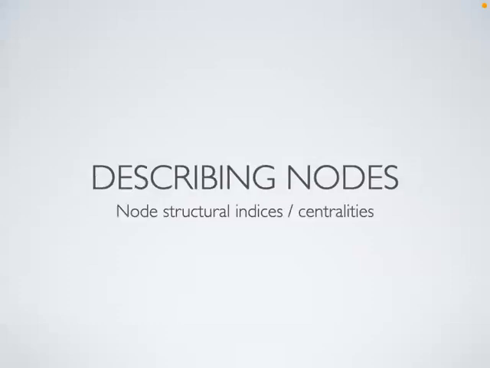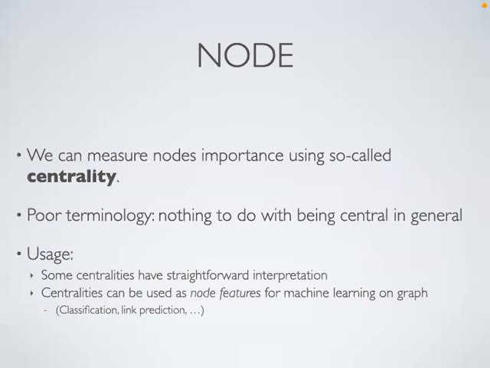Today we will talk about describing nodes. Last class we were mostly talking about how to characterize a network as a whole, but this time we are more interested in who the interesting nodes are. We can measure node importance using so-called centralities.